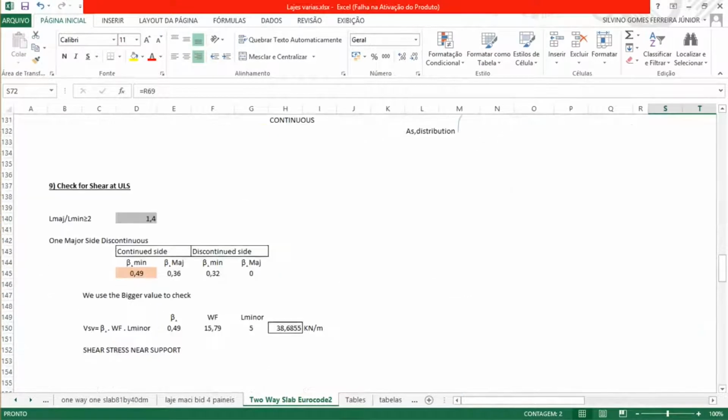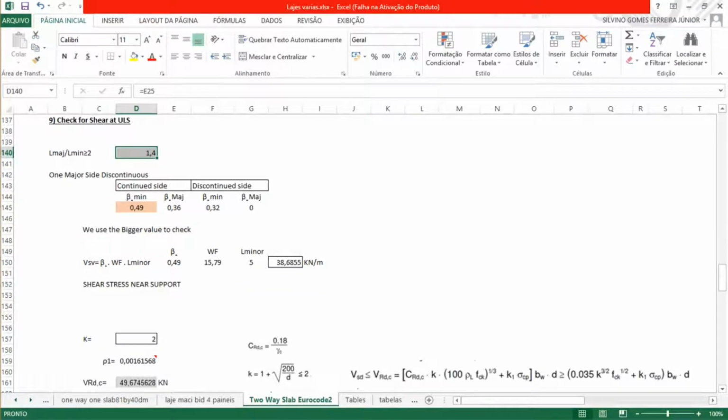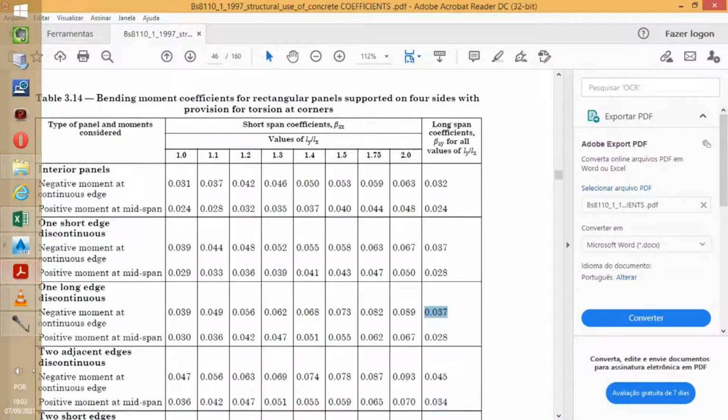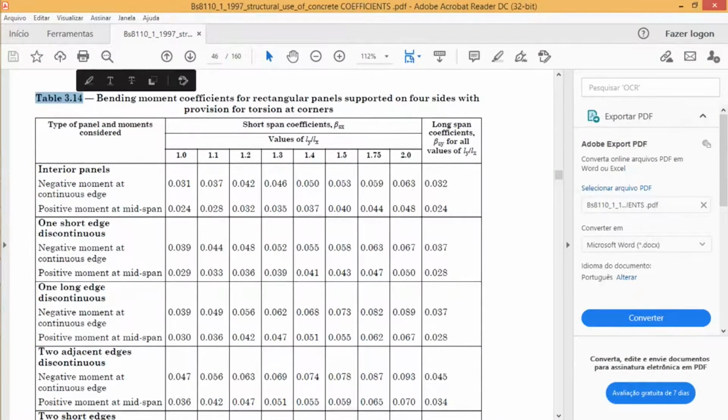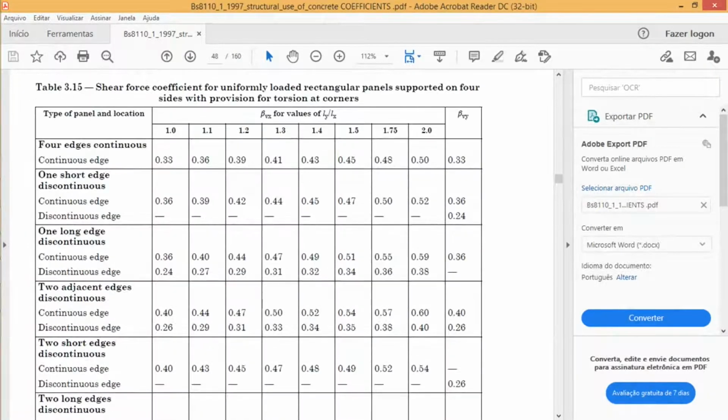So for the shear at the ultimate limit state, we have on the British Code that table for shear 2. As we know, it's one major size continuous. So on the British, we go to the other table. This was for moment, and here we go down.